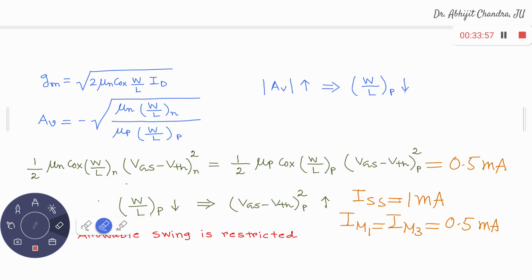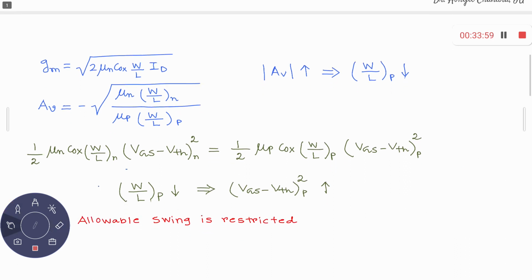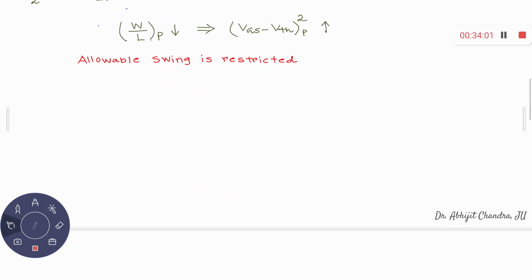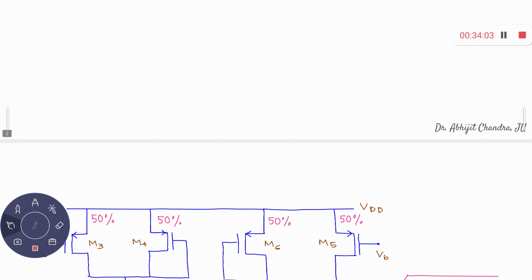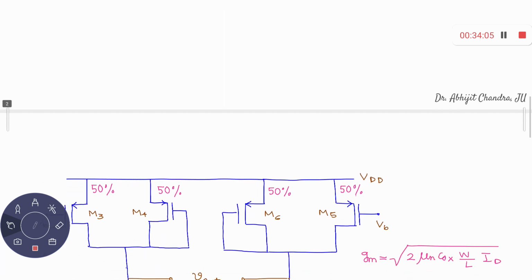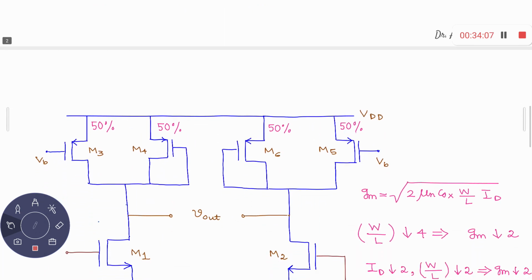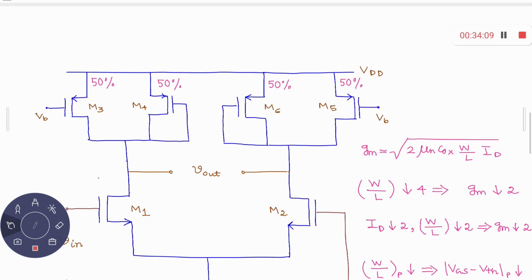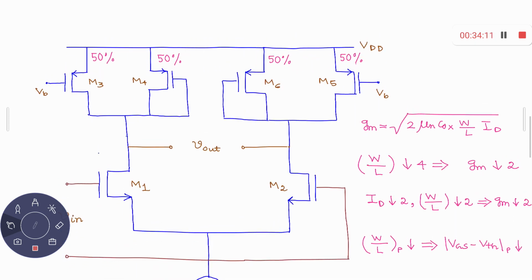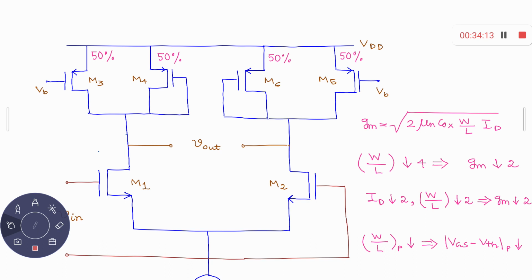So what is my device structure? Let there be 50% sharing. Suppose there is 50% sharing like this. This is basically the amplifying MOS M1, M2. This one is the direct connected device M4, and M3 is acting as a current source.